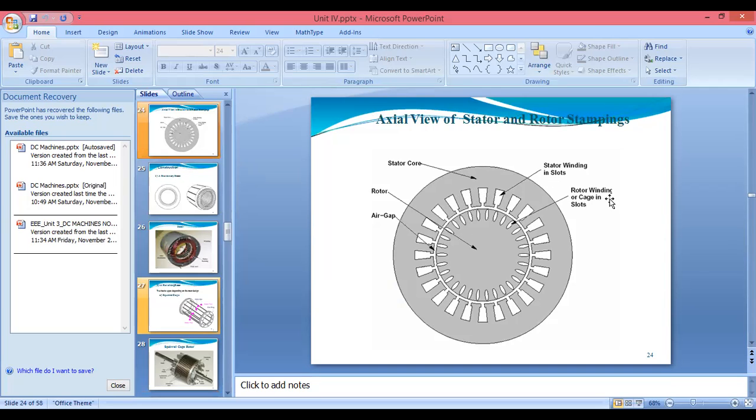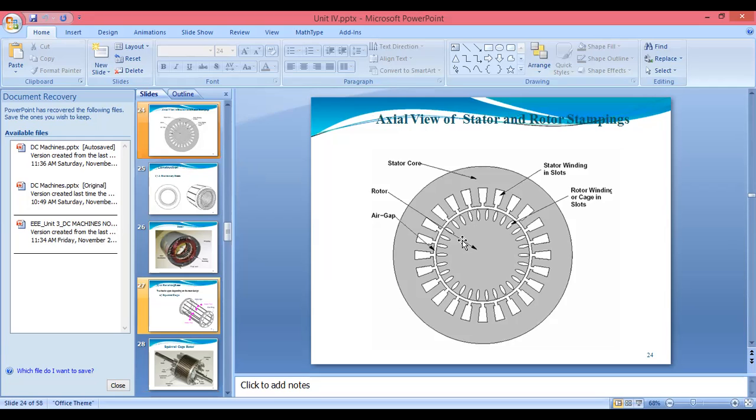Inside that, we are putting the rotor winding, and in between the rotor winding and the stator winding, there is an air gap. Also, on the rotor winding, we are putting air ducts for the cooling purpose. So this is the construction diagram for the axial view of the stator and the rotor winding of the induction motor.